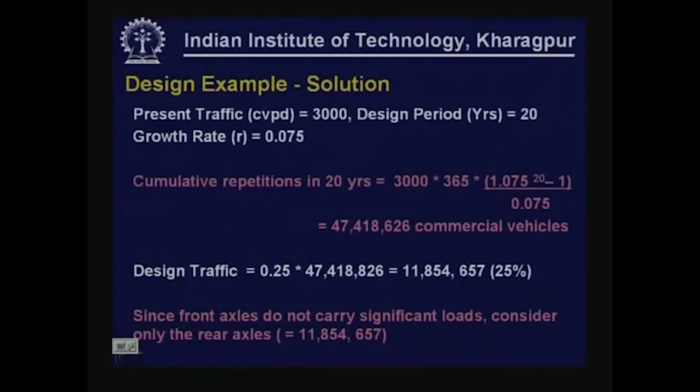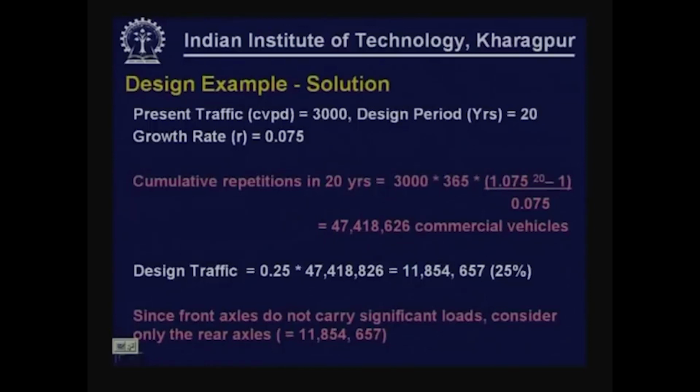The total number of commercial vehicles that are projected to be using this facility in 20 years is 47 million commercial vehicles. Considering 25% of this for design, so 0.25 into this value is 11.854 millions.